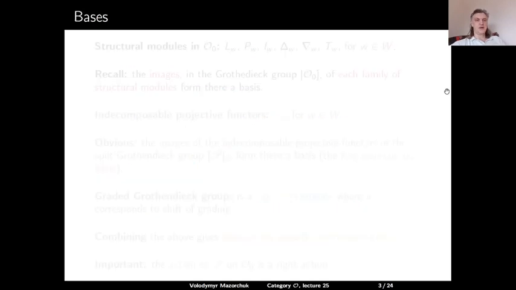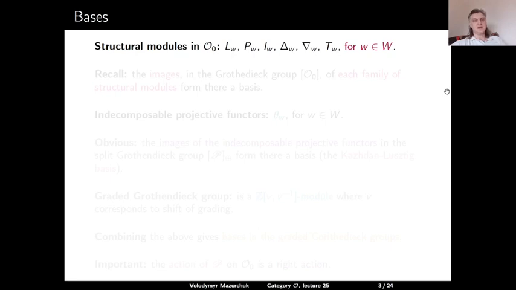Let us now recall in more detail various bases in this categorification. The category O_0 has the following families of structural modules. All of them are indexed by the elements in the Weyl group W. So we have the simple module L_w, its indecomposable projective cover P_w, and the indecomposable injective envelope I_w, the Verma module Delta_w, the dual Verma module Nabla_w, and also the indecomposable tilting module T_w.